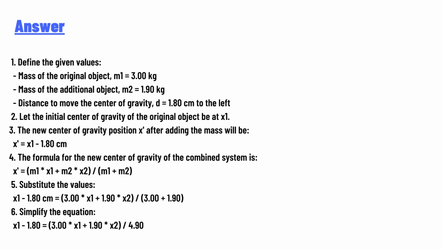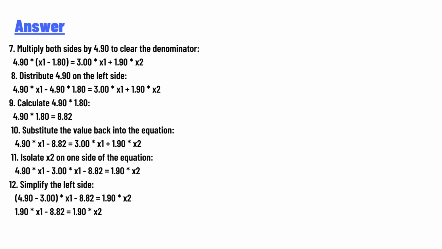Simplify: x1 minus 1.80 is equal to (3.00 times x1 plus 1.90 times x2) over 4.90. Multiply both sides by 4.90 to clear the denominator: 4.90 times (x1 minus 1.80) equals 3.00 times x1 plus 1.90 times x2.